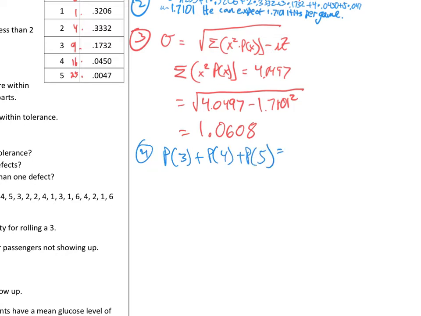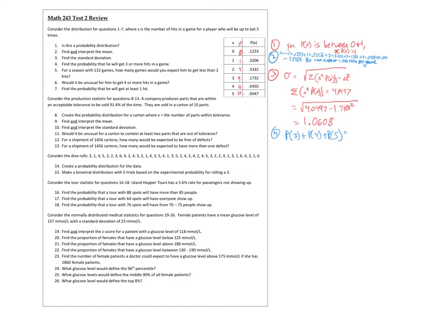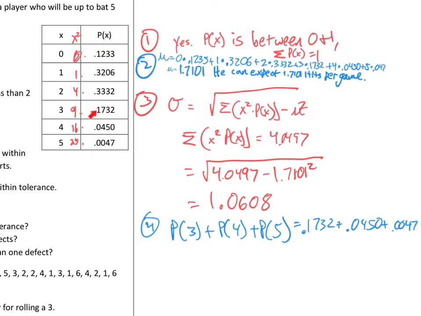I'll just copy those down and add them up here, and we get 0.2229. That's the probability of x being greater than or equal to 3.